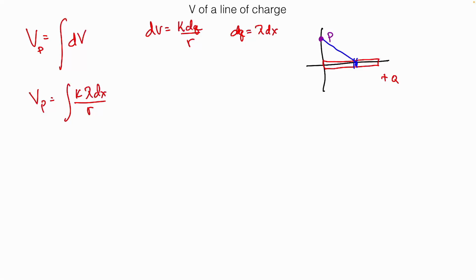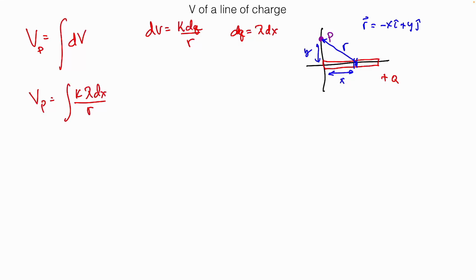So R goes from there to there. How far away is R from the origin along the x-axis? X. And how far along the y-axis? Y. So that means that r is equal to negative x i hat plus y j hat.